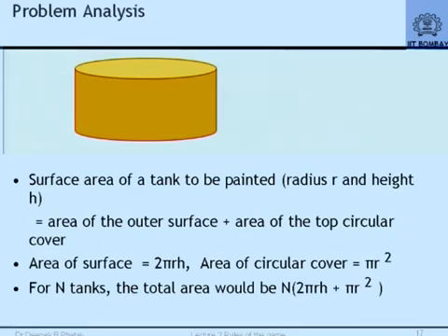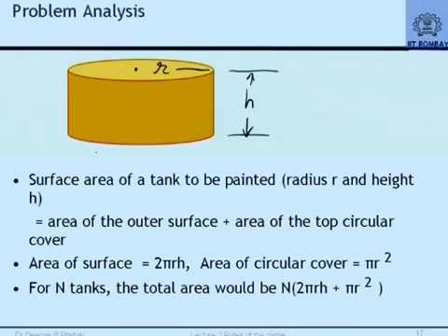You will say, I have a cylinder, I have many cylinders, but all are similar, so I will have one cylinder. Now, this cylinder has a height h, and the circular part has a radius r. I now say that the area to be painted will consist of the entire cylindrical portion.